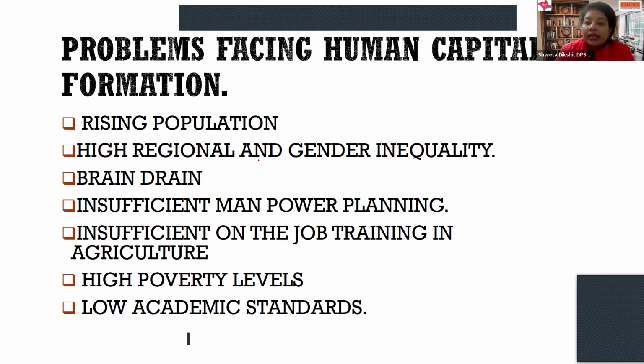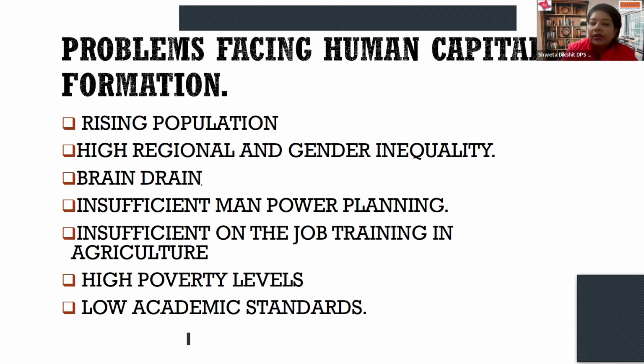So there is disparity in the regions of India, which is still forcing us to be backward in human capital formation. On the other hand, in India we are still struggling with the problem of gender inequality. In fact, all the genders in our country are not being given equal opportunity.